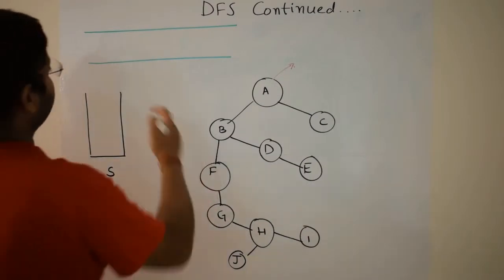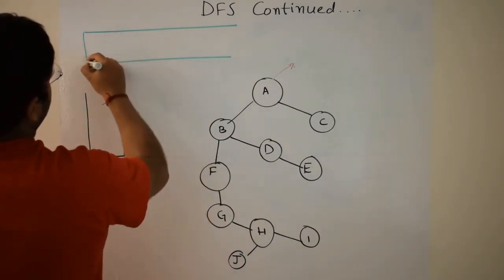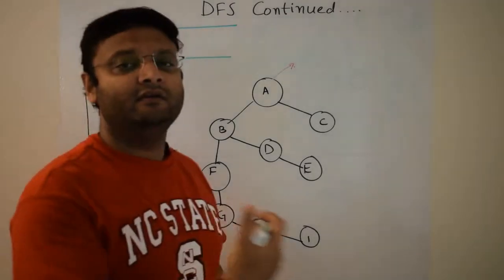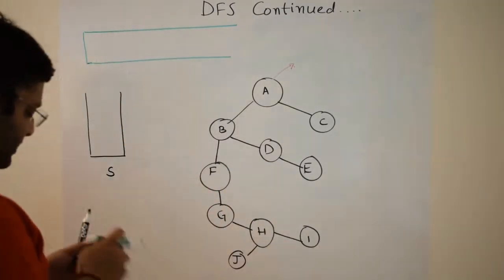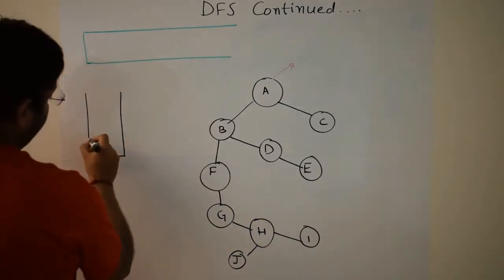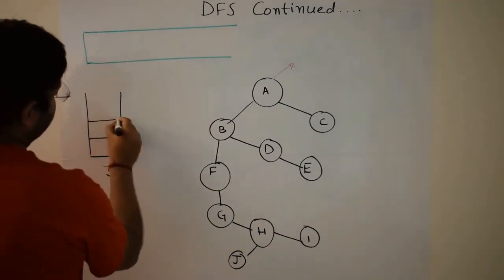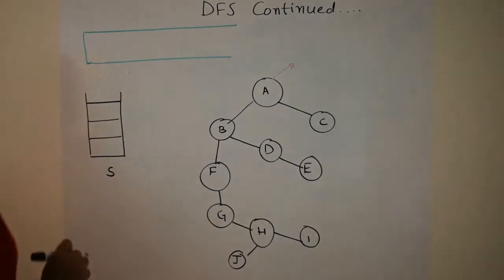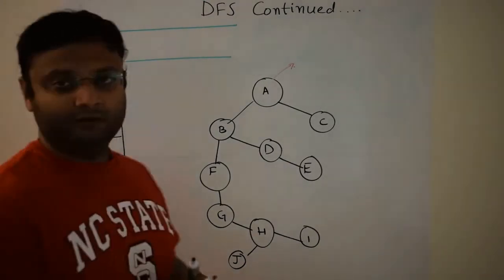I'll come to it later. While explaining the algorithm, I'll explain what we exactly mean by visited. So here I have the stack with me, and it works on the principle of first in, last out, or last in, first out. So let's start with the algorithm.